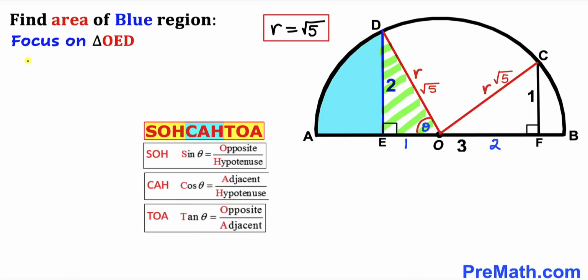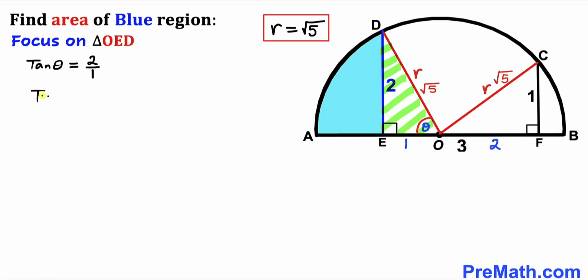So tangent of angle theta equals 2 divided by 1, which is positive 2, or we can write angle theta equals tangent inverse of 2.